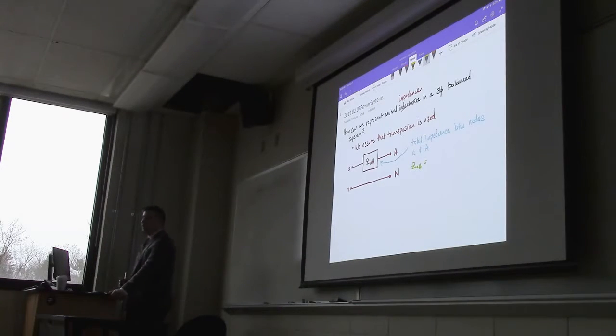It's going to have two different components. It's going to have what we call its self-inductance, as well as a mutual inductance. You may ask, why do I use minus?